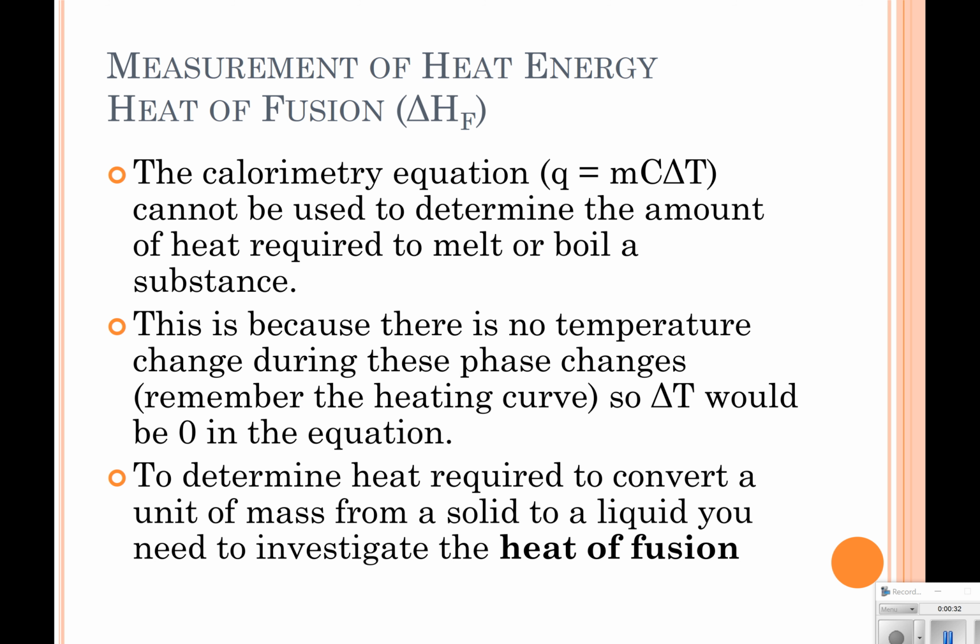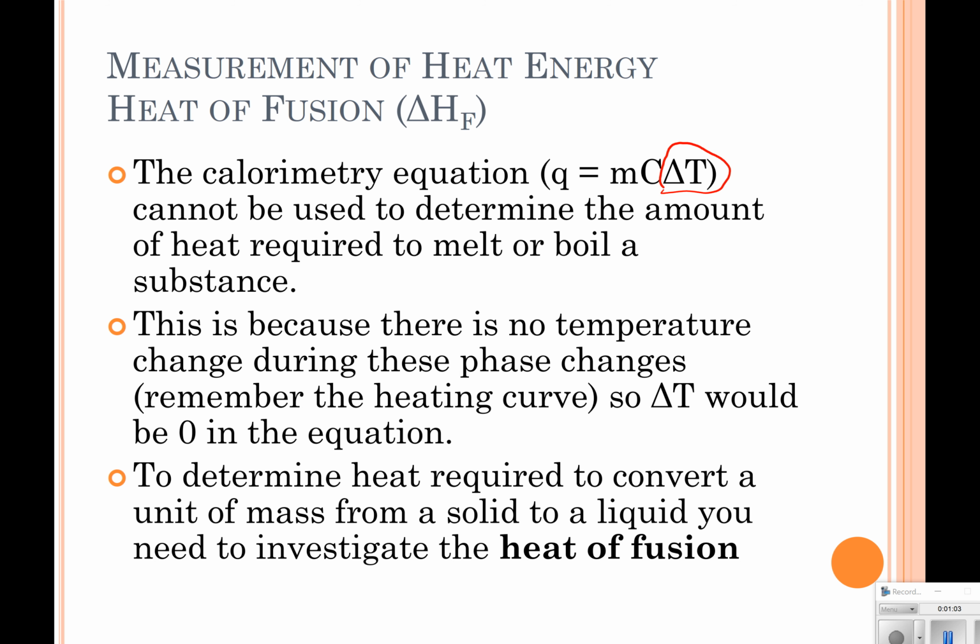Now we'll start with the heat of fusion, which is a measurement of heat energy. And before we get into that, we're going to do a little review about our calorimetry equation, which is Q equals mc delta T. And this equation helps us determine how much heat is involved during a particular chemical or physical change when we have a temperature change.